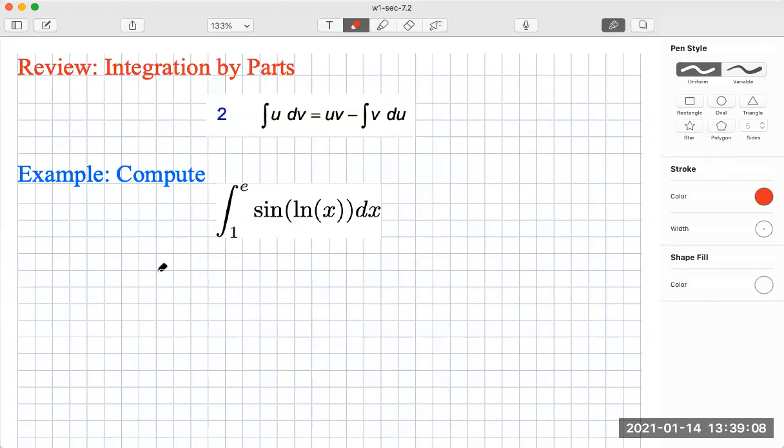On the formula table I gave you, can you find any formula of sine and logarithm form?